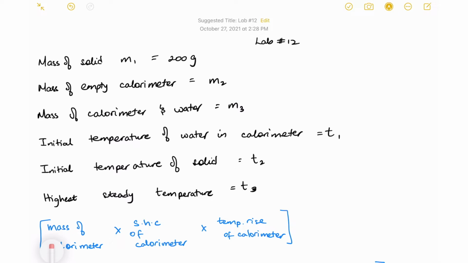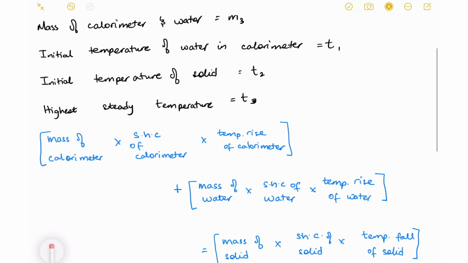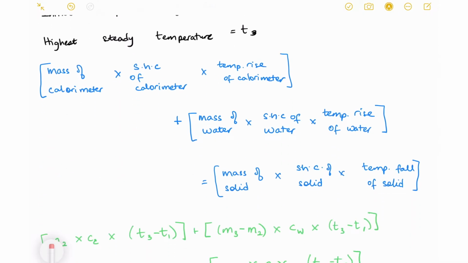After you transfer the mass into the beaker and into the calorimeter, and covered it, the temperature that you would take, your highest steady temperature, would be called T3. So now let us look at substituting into the formula, right?